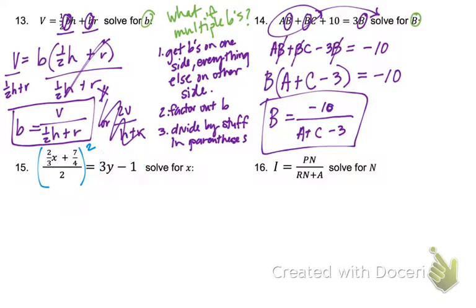Parentheses. 2, 2. 2's cancel. I've got 2 over 3x plus 7 over 4 equals 6y minus 2. And then I do the process again. Let's go ahead and finish this problem out.